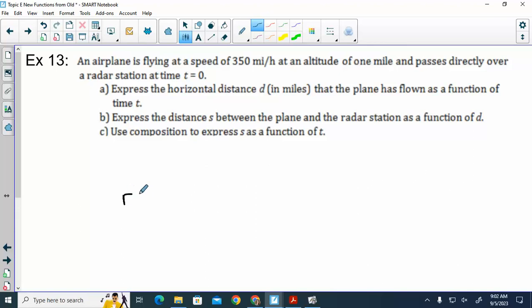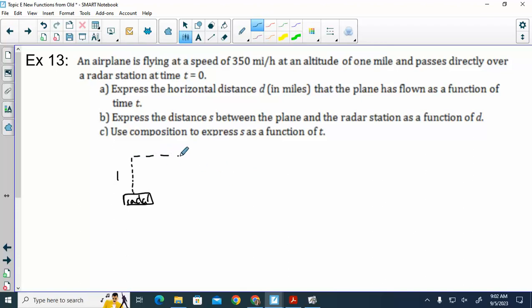So here's my radar station. Okay, the altitude is the height. Did it tell us the altitude is changing? So we're going to assume the plane is flying level. So this is not a variable, it is a given height of 1 mile.